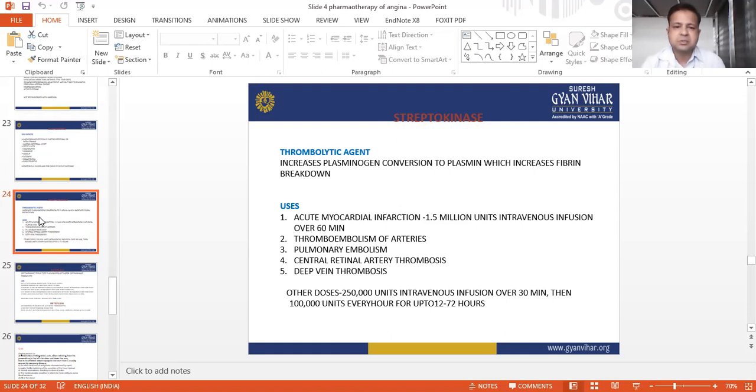Other doses: 250,000 units intravenous infusion over 30 minutes, then 100,000 units every hour for up to 12 to 72 hours.